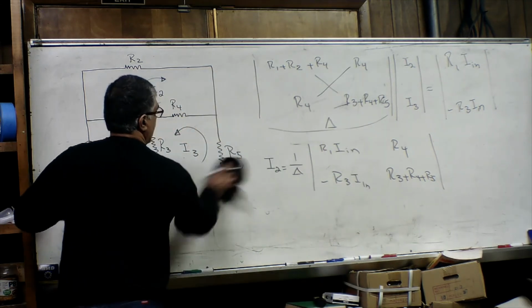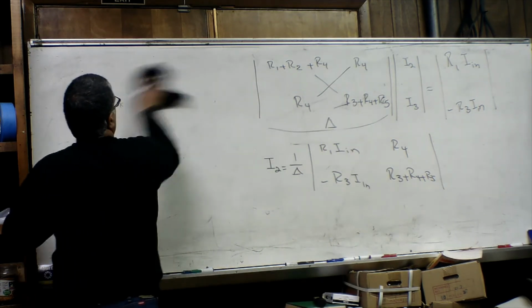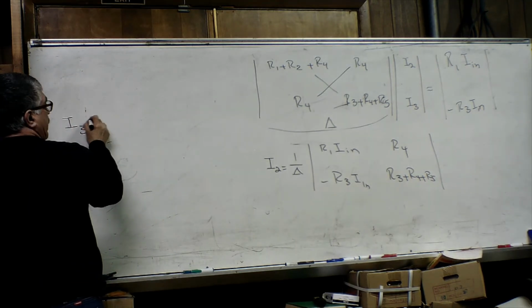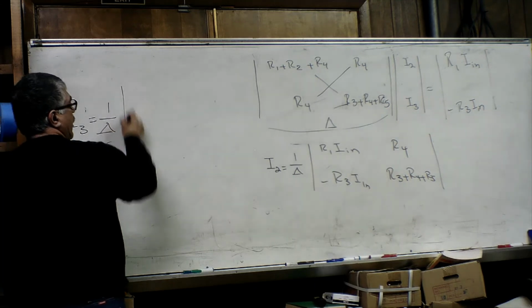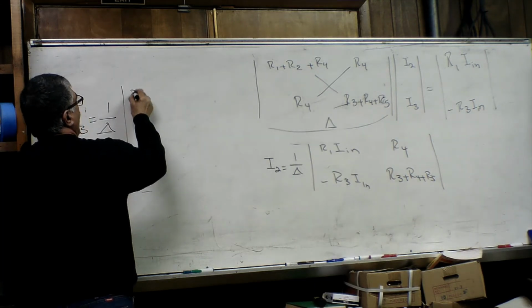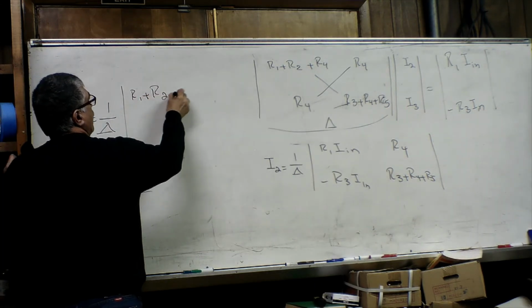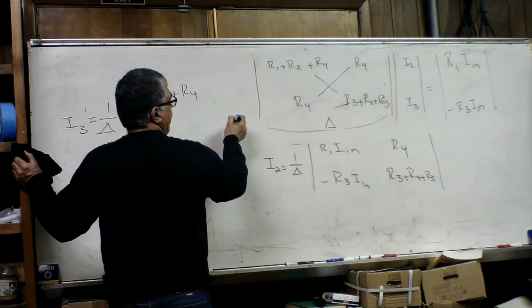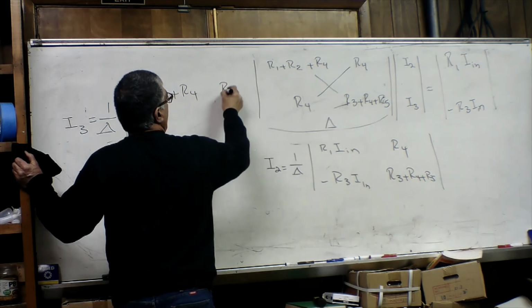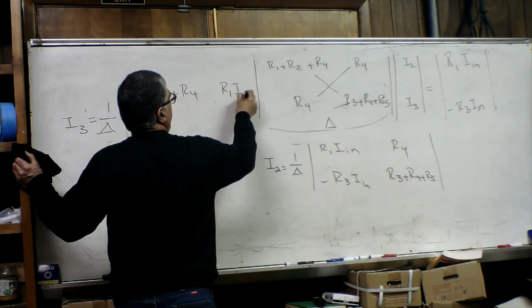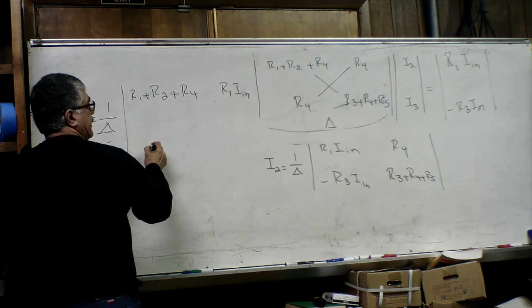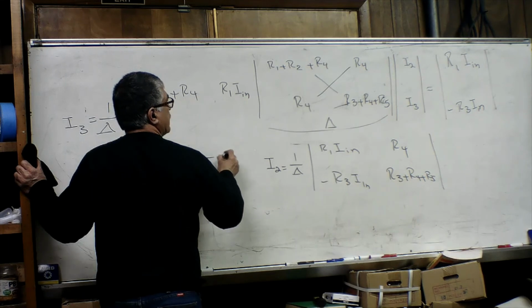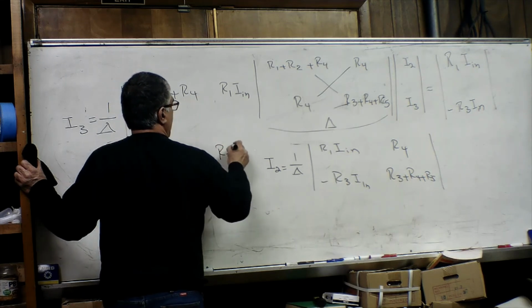And our I3 will be 1 over delta, R1 plus R2 plus R4, R1 I in, and R4, minus R3 I in.